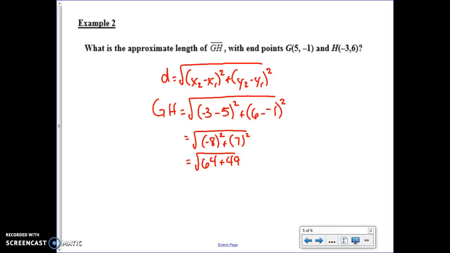When we combine those, we get the square root of 113. And again, it asks for approximate. So take a minute and type that into your calculator. The square root of 113 gives us about 10.6.